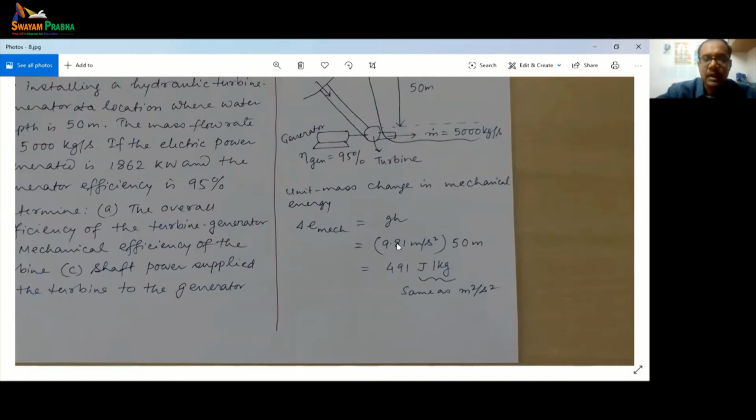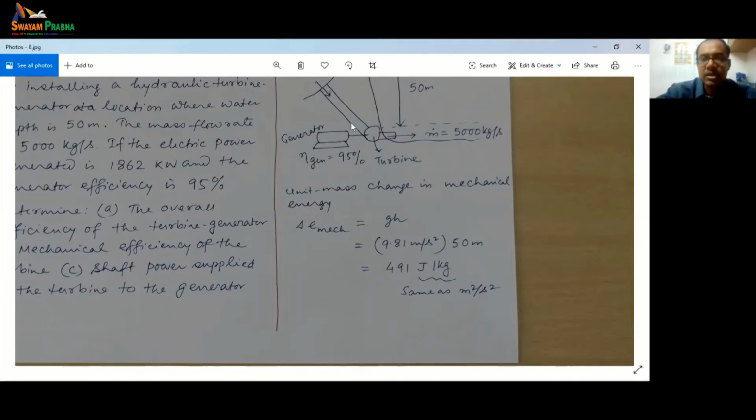So in this particular case, we are given the information that h is 50 meter and the acceleration due to gravity g is 9.81 meter per second square. By multiplying, you will get 491, and in terms of energy, the unit is joule per kg.